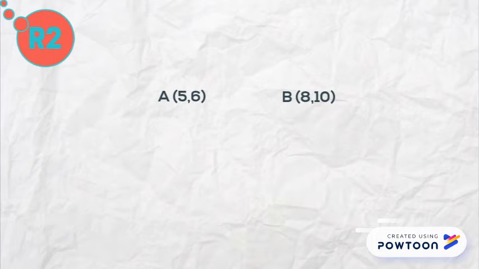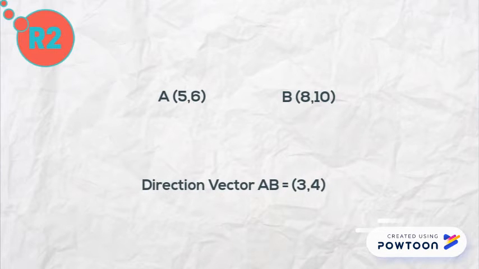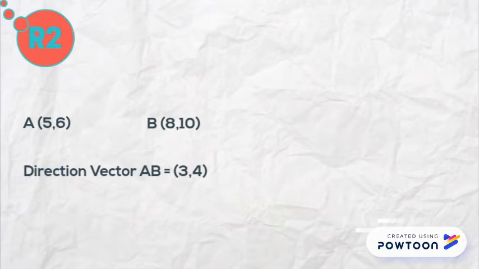So we have 2 points, A (5, 6) and B (8, 10). We can find the vector equation by finding the direction vector AB first and putting in point A or point B, whichever we want. So now we get the vector equation as (x, y) equals (5, 6) plus t multiplied by (3, 4).